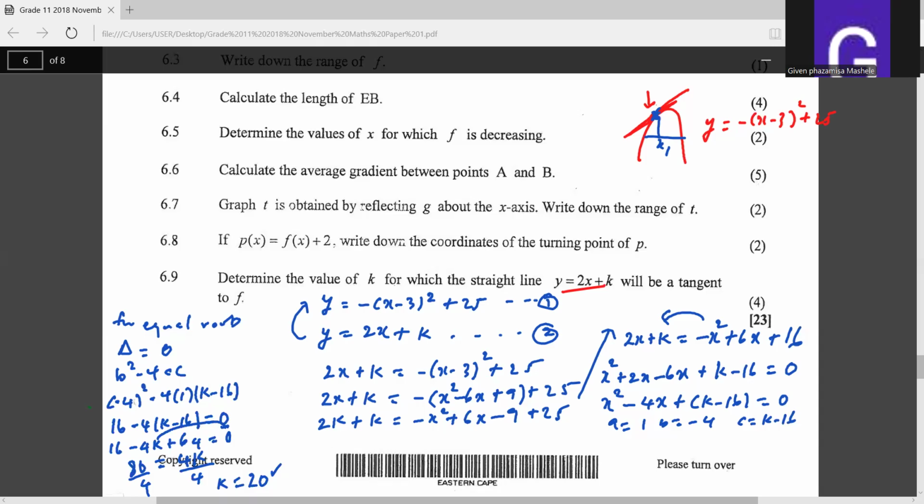I believe you're following. So in the exam, you need to be able to understand functions and graph, because this is one of the topics that has a lot of marks.